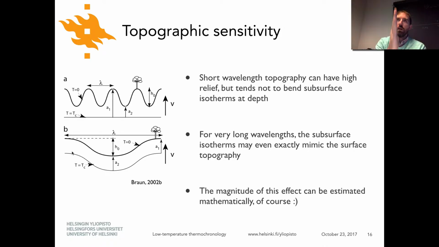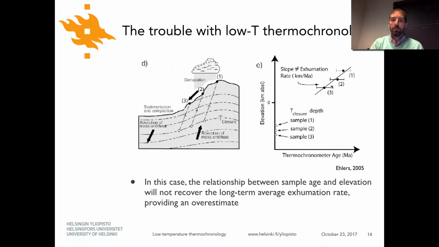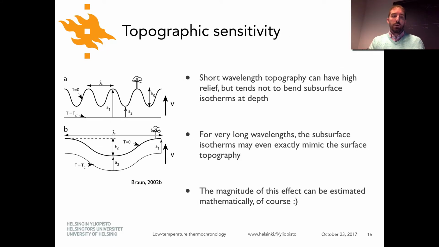It will be a vertical line because all of the ages should be the same. And if all the ages are the same on a plot like this, then you're going to get a vertical line, infinite slope. Okay, we know the exhumation rate's not infinite. It's just this is the reality of the crustal temperatures.